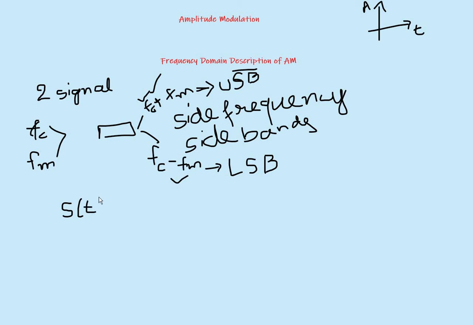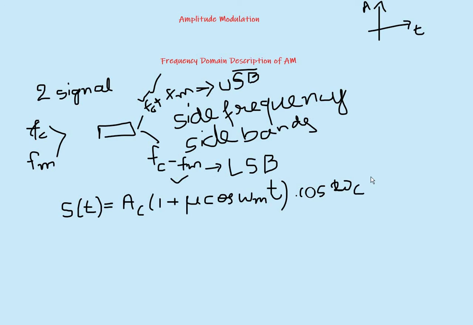The equation was AC (1 plus mu cos omega mt) into cos omega ct.